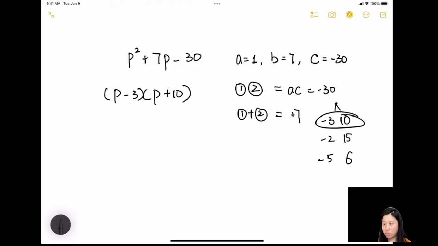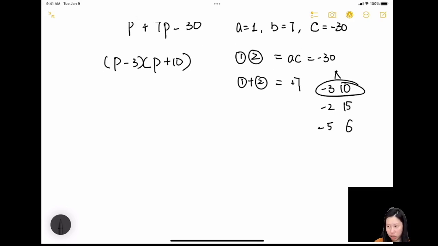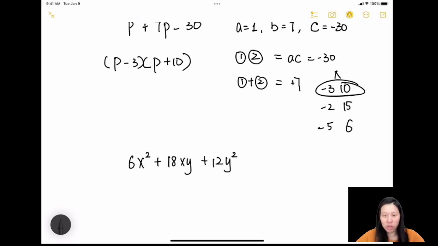So let's do one a little bit more complicated, such as 6x squared plus 18xy plus 12y squared. Let's take a look. It's a trinomial, yes, because it comes with 3 terms, but a is not equal to 1. So what are we going to do?